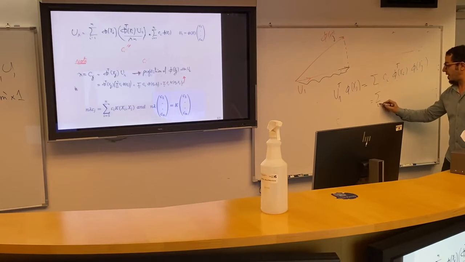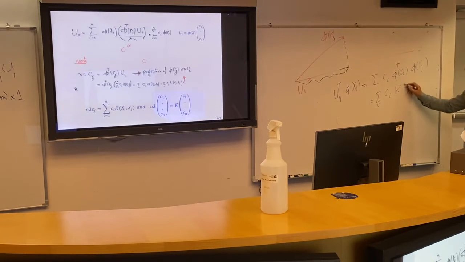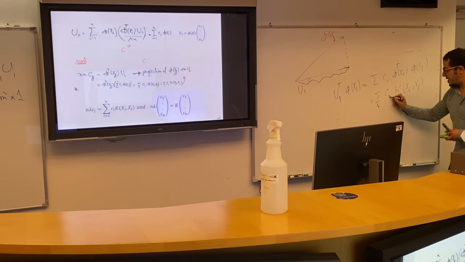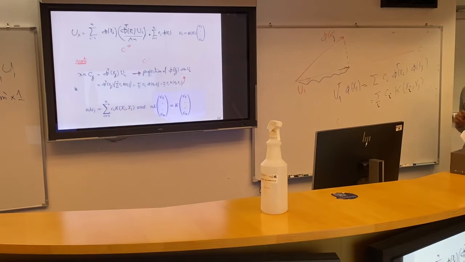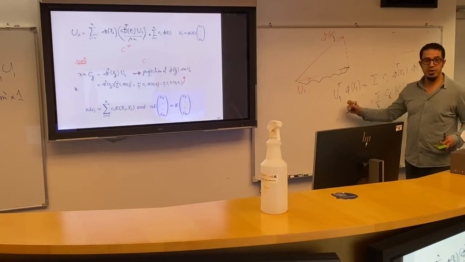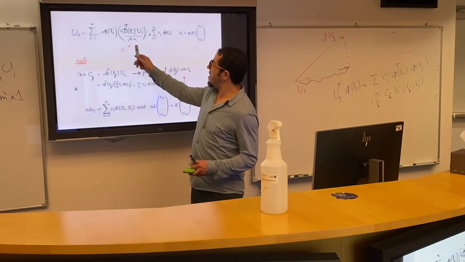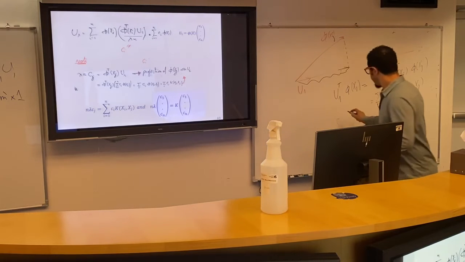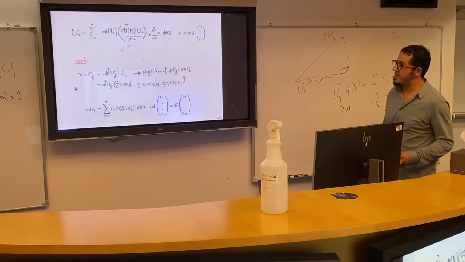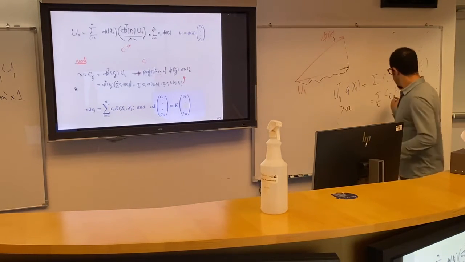The sum over i, ci, and this is the kernel of xi, xj. So here we have i, yes or no? Okay. What is the product here, please? The product of this one is lambda n times cj.